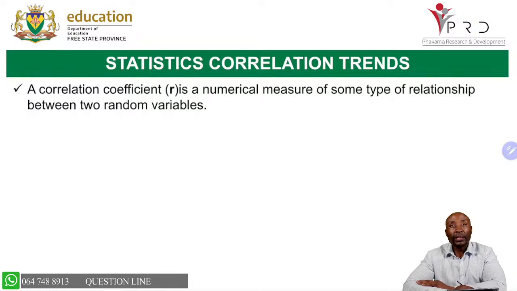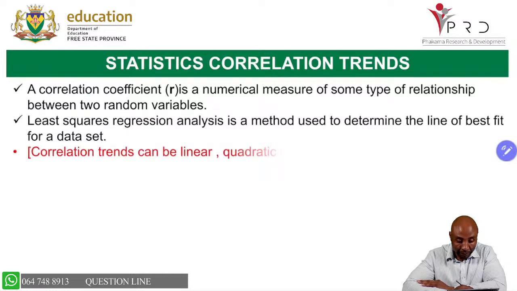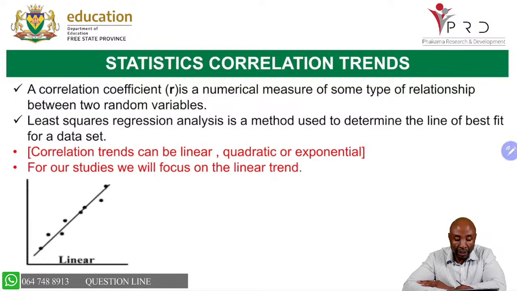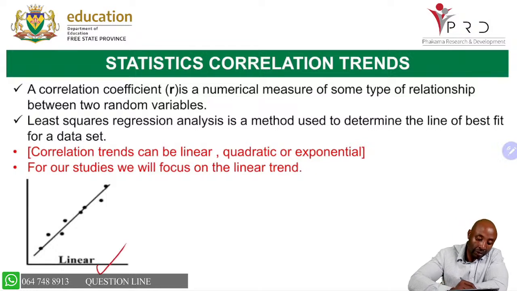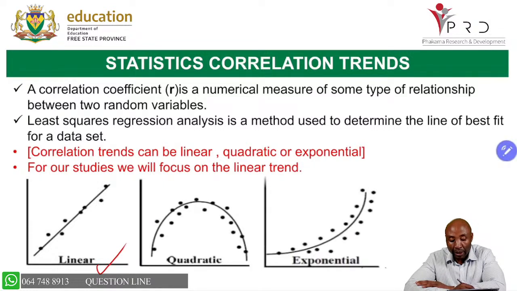Now we also look at the trend and the correlation trends. We have a linear, a quadratic, as well as the exponential. But for our purposes, we'll only look at the linear correlation, where we draw a straight line of best fit. Then we have one which takes quadratic, and we have another one which takes the exponential form.